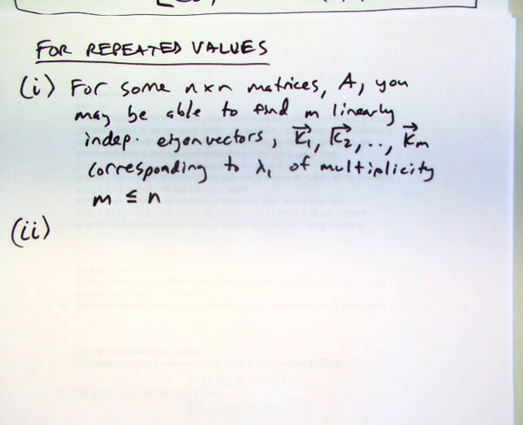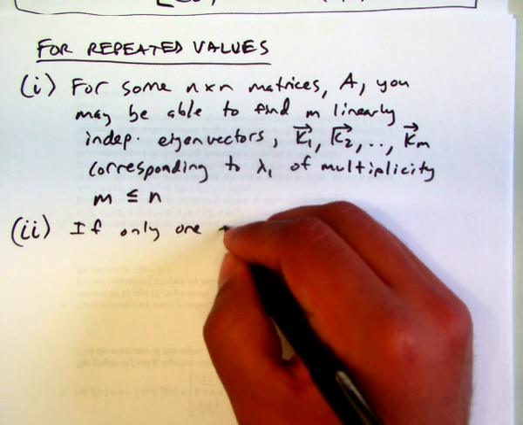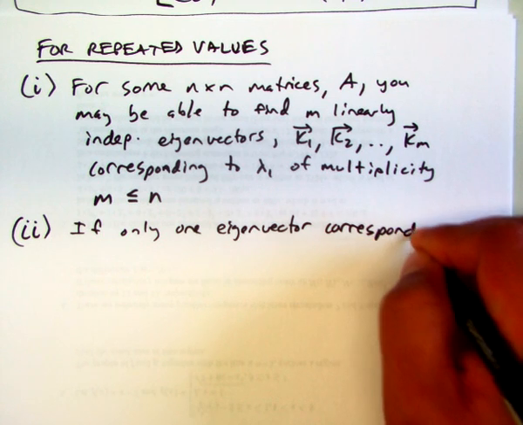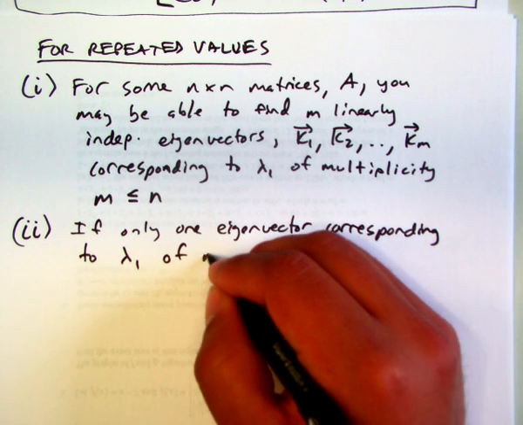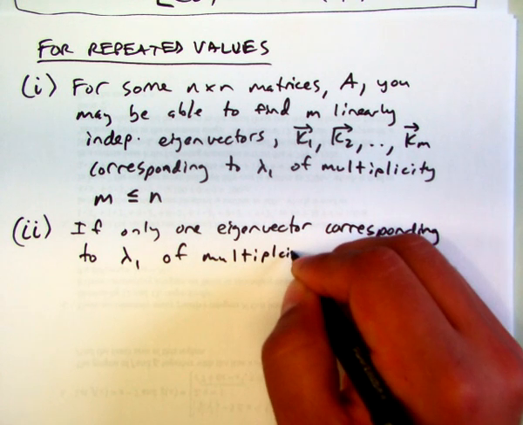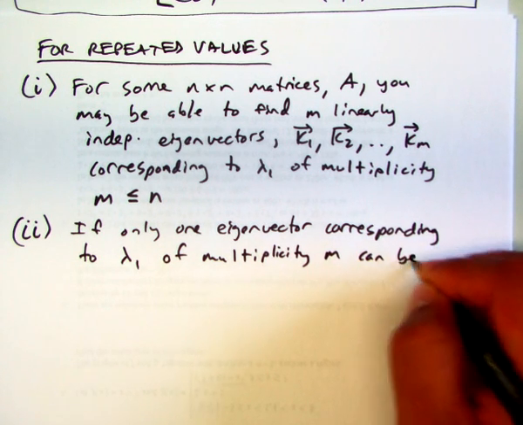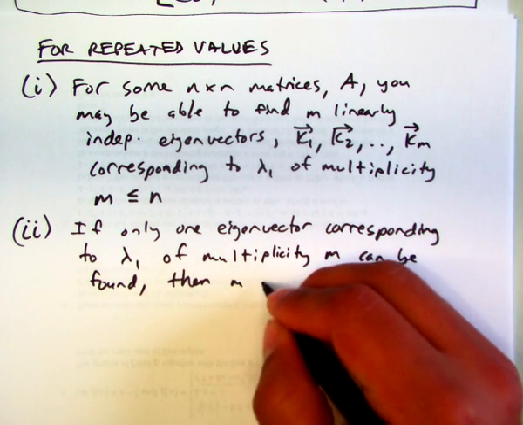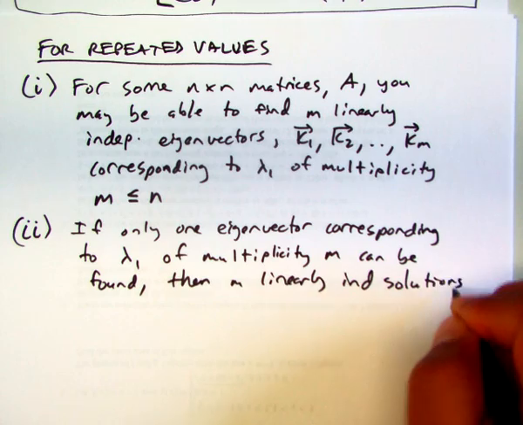The second scenario is where you have multiplicity of the root, but you only get one eigenvector from it. So if only one eigenvector corresponding to the eigenvalue lambda 1 of multiplicity m can be found, then m linearly independent solutions are written as follows.